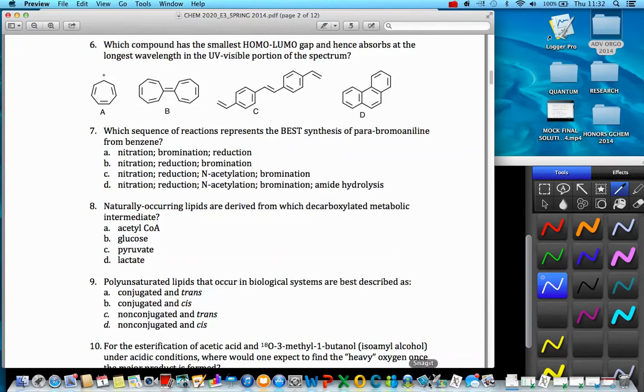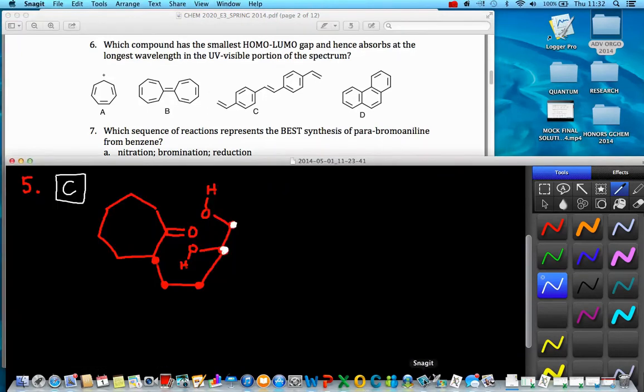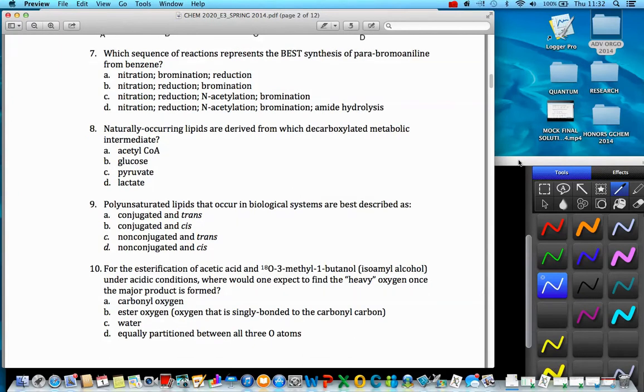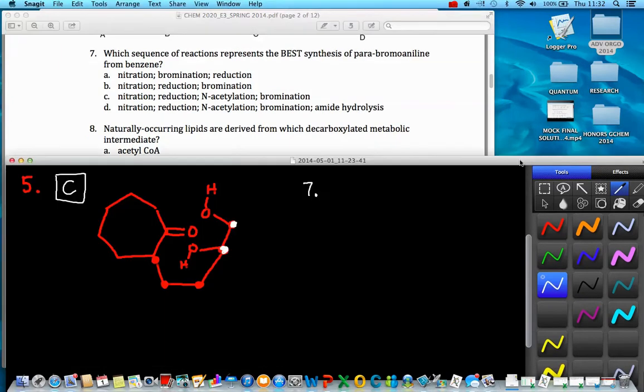Now let's take a look at number 7. And we want to synthesize para-bromoaniline from benzene. So we're going to start with benzene, and we're going to synthesize para-bromoaniline.